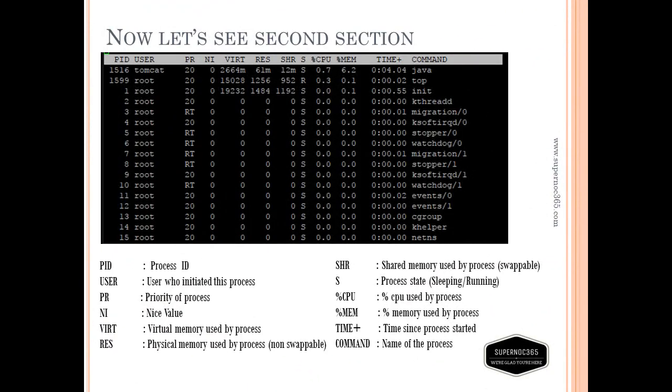This is the overview of the second section of the top command, where we can get lots of information about processes and their utilization like PID, memory utilization, state, priority, and much more. Let's see in brief.